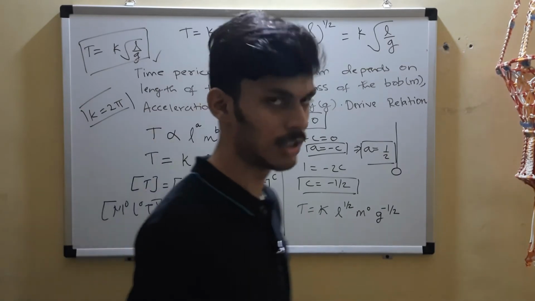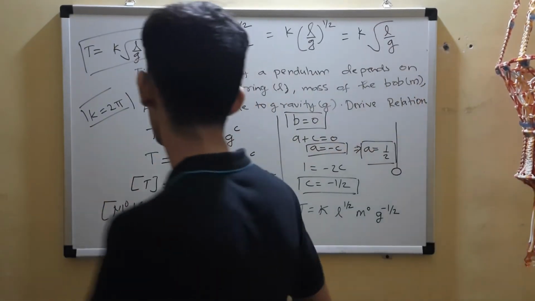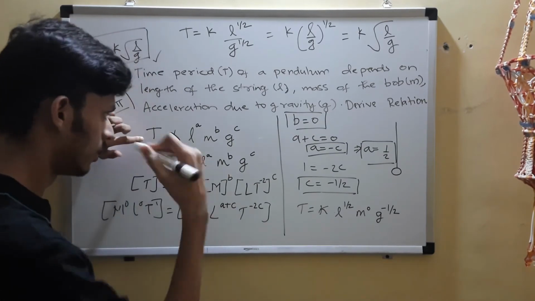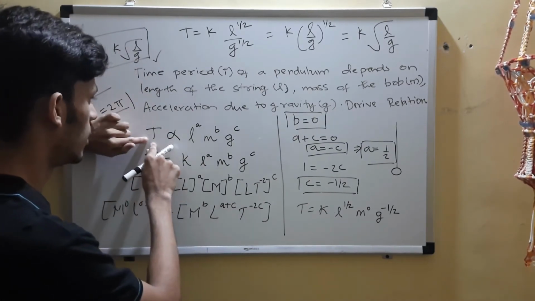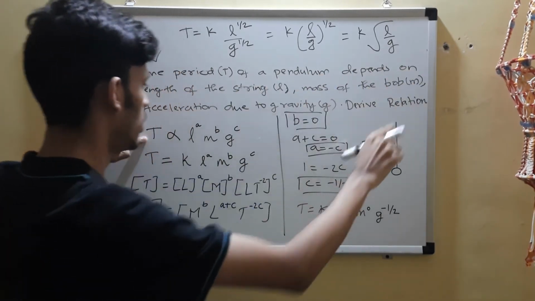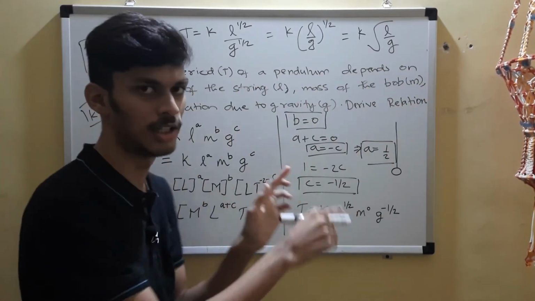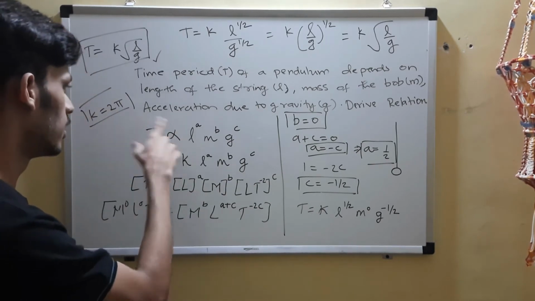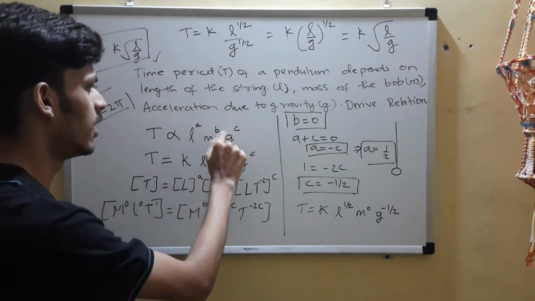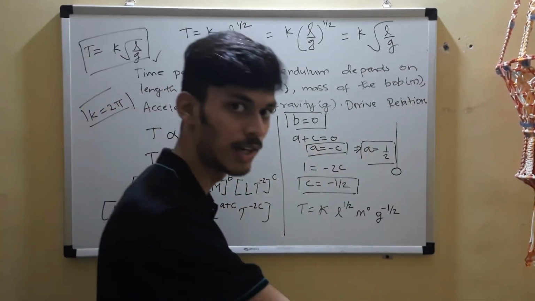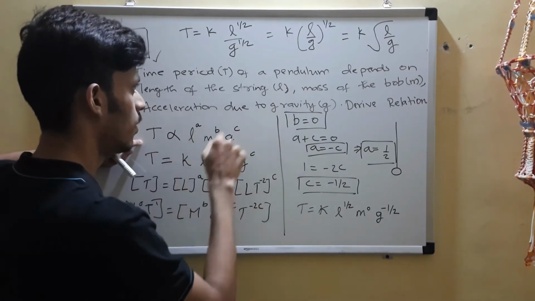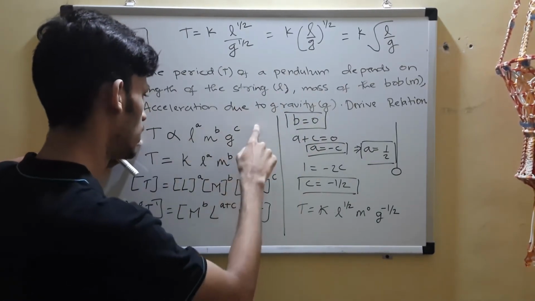Let's repeat the procedure once in a quick while, so we can think of it for the next problem. First we said time period is dependent on so and so, so we write a proportionality equation: T is proportional to all of those quantities, L raised to a, m raised to b, and g raised to c.